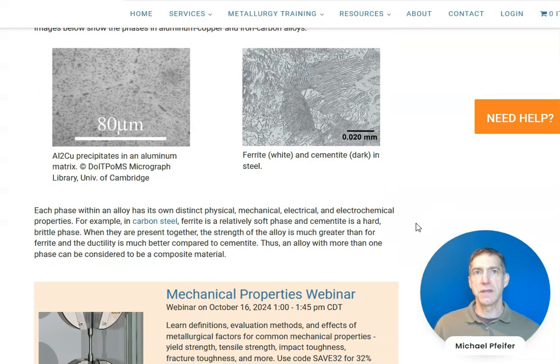The thing that's important to recognize about phases is that different phases have different properties. When more than one phase is present in an alloy at one time, the alloy is essentially a composite material whose properties are based upon the properties of the individual phases in the material.